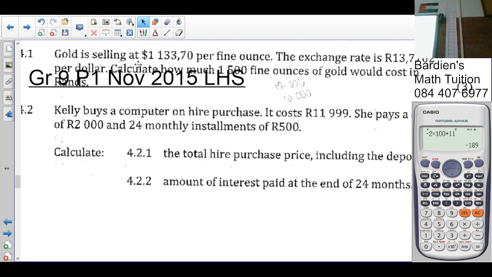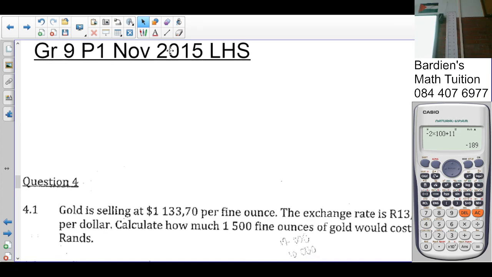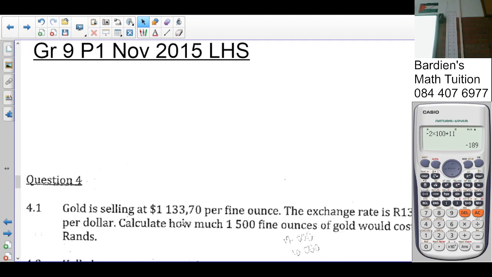Right, 4.1. In 4.1 we are told that gold is selling at $1,137.70 per ounce, fine ounce. The exchange rate is 13 Rand 7702 per dollar.